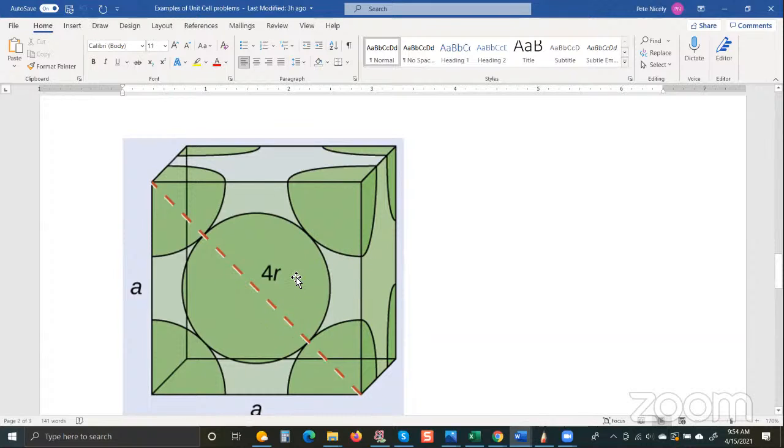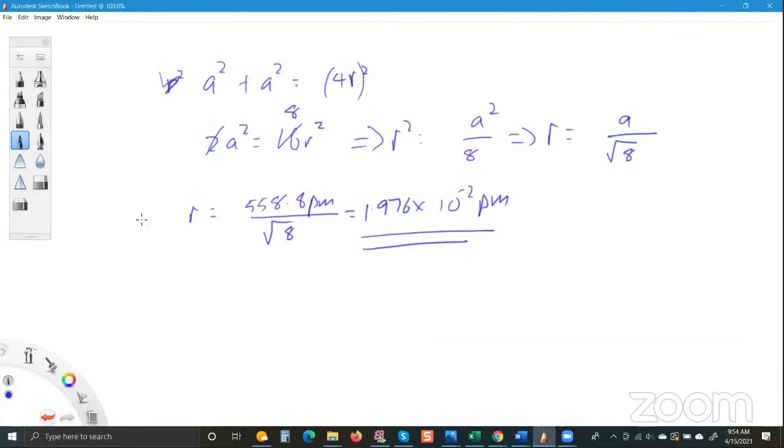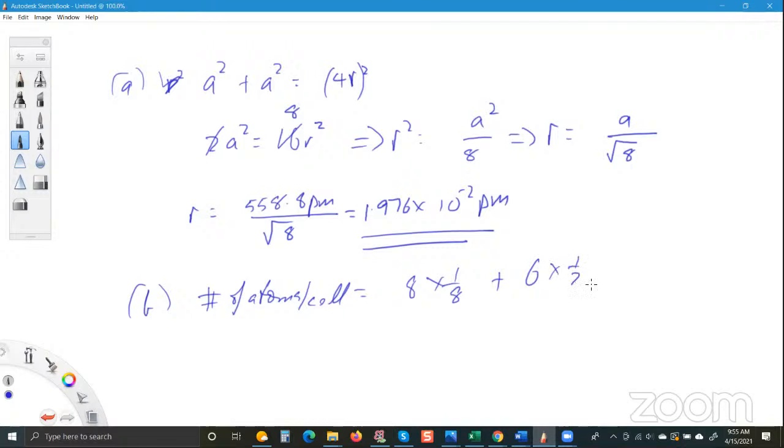So the total number of atoms in this cell would be equal to, let me put here, number of atoms per cell: 8 times 1/8 for the atoms in the corner, and in the case of the faces, it's 6 times 1/2 in terms of the atoms that are being shared on the face of the cube.